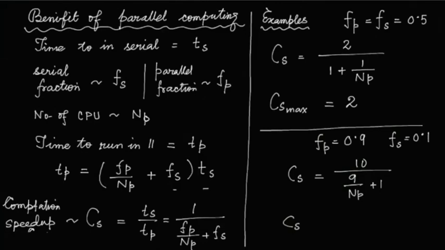There is a supercomputer in our campus called Param Shivaya. The link to the supercomputer is there on our website. All of you please go and check the value of NP, how many processors it has. Just check by yourself what the maximum number can be. So this will be maximum 10, right?